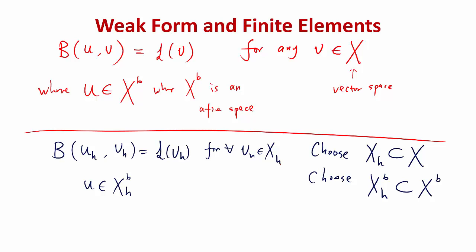If we choose piecewise linear and continuous functions, that is one choice of space. If we just choose piecewise linear but perhaps discontinuous elements, it's a different type of finite element scheme. But once you choose these two spaces, we have a finite element scheme.